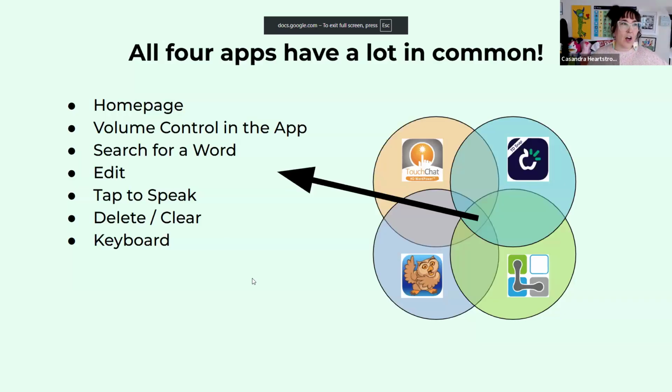There I am again, and share out. I just wanted to show you that all of these devices have a home page, volume control, search for a word, edit, tap to speak, delete, clear, and a keyboard.